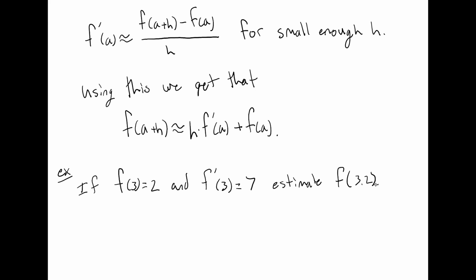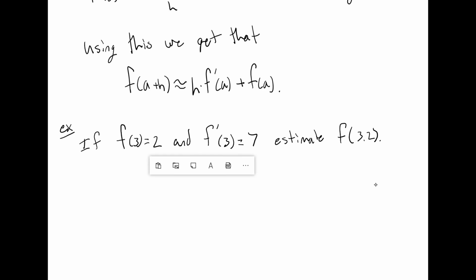So what we have here is we know the derivative, right? We know f prime of 3. We know the original value, f of 3, and we have our h, right? So in this problem, a equals 3.